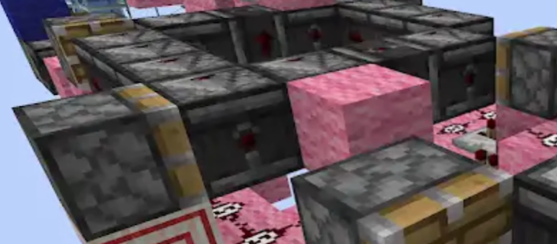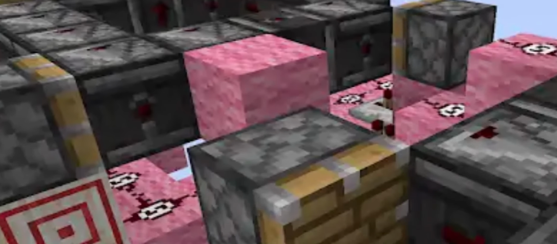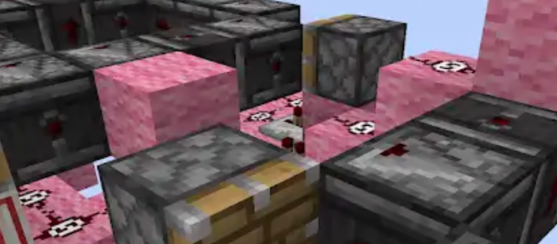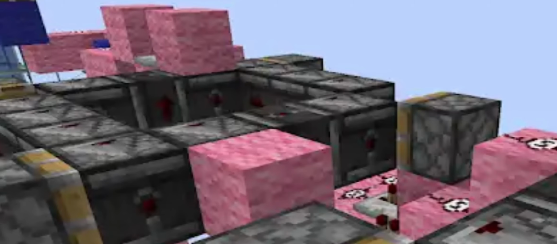Therefore, making it activate once the upwards facing observer is next to the side pink block closest to us.